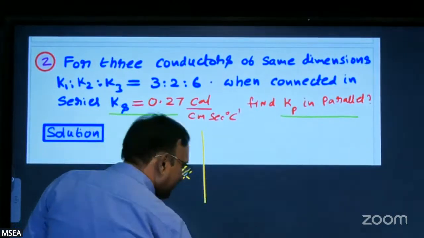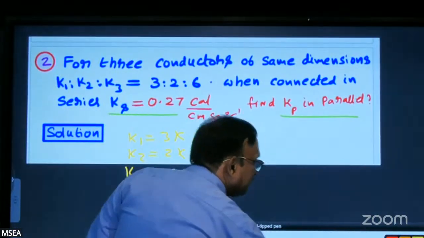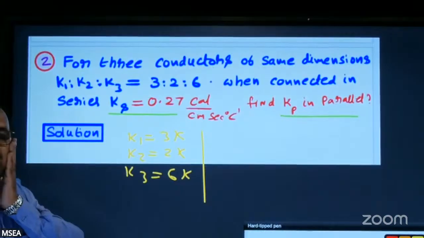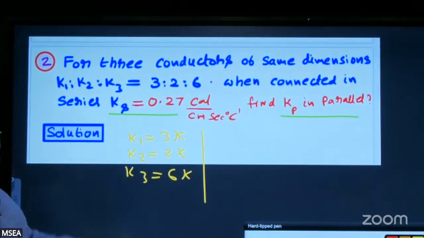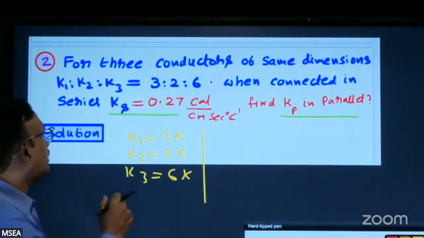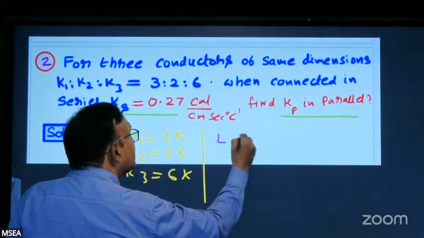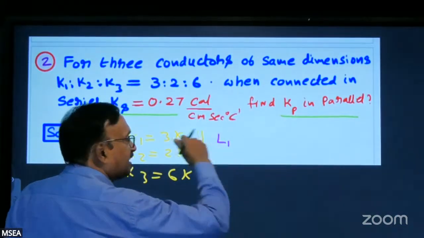Now you have to recollect the formula for Ks. We cannot use the last formula, because it is restrictedly applicable for two conductors. When there are three conductors, you have to recollect the formula correctly in no time in the entrance exam hall. So what is the formula for effective thermal conductivity in a series combination of three conductors?